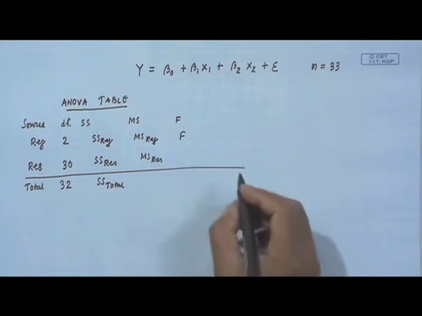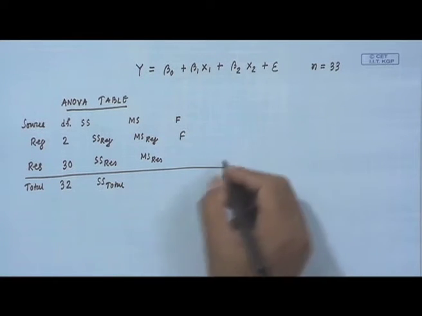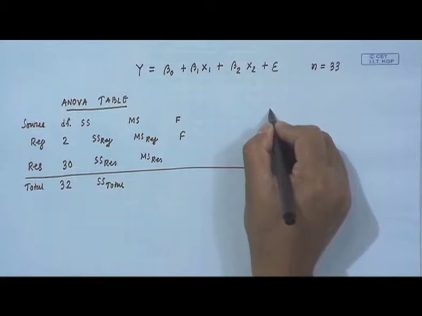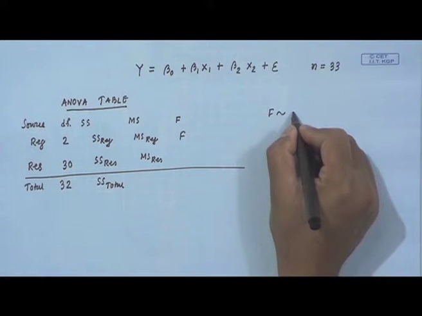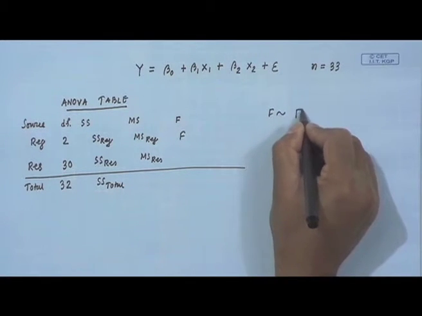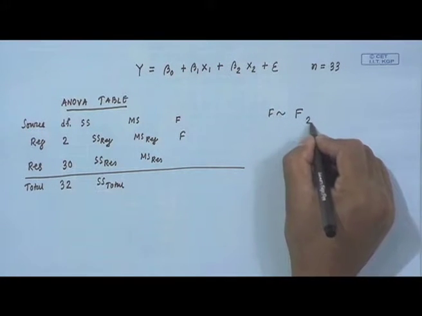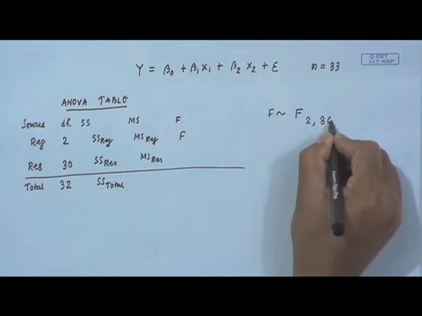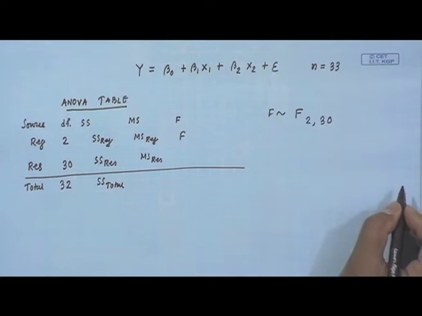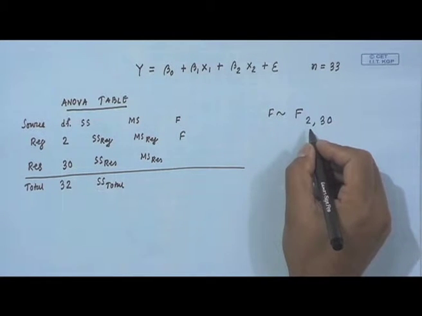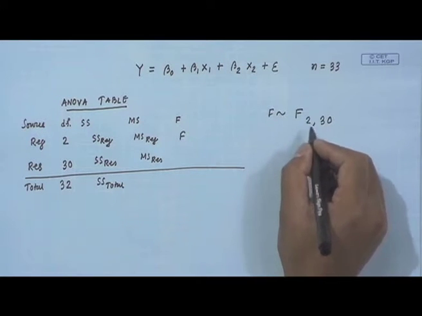Okay. So, what you know is that this F is significant. So, this F follows F distribution with the degree of freedom 2, 30, and his test is just significant.